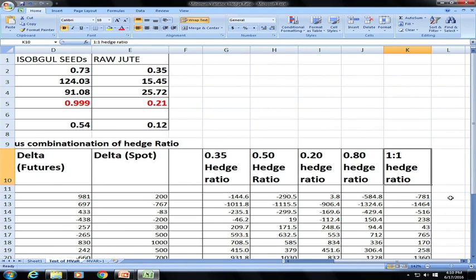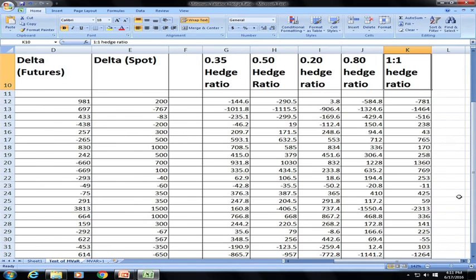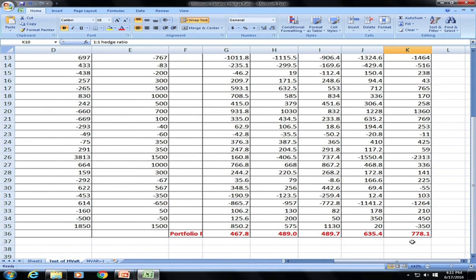And with a 1-to-1 hedge ratio, which is our naive hedge ratio, that is 1 unit long on the asset hedged by 1 unit of a futures contract, the portfolio risk is 778.1.